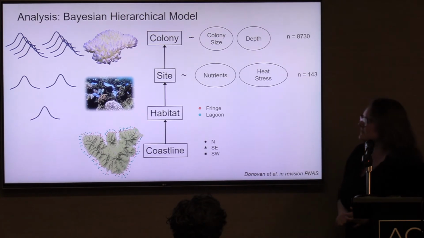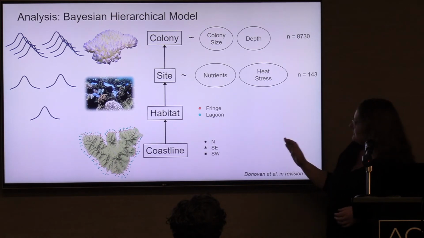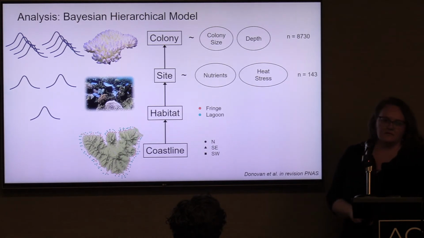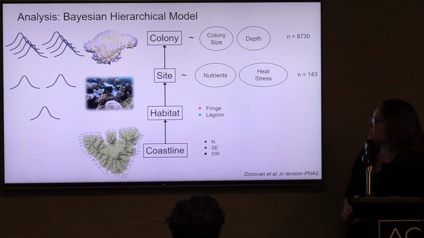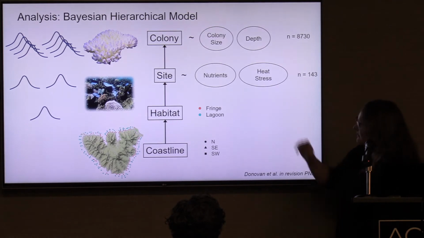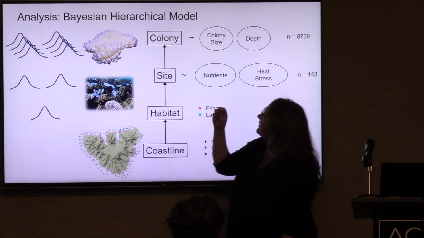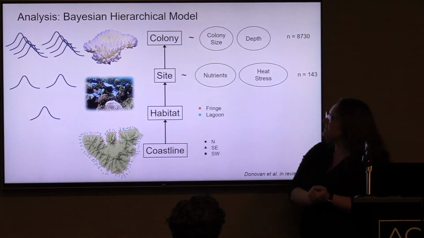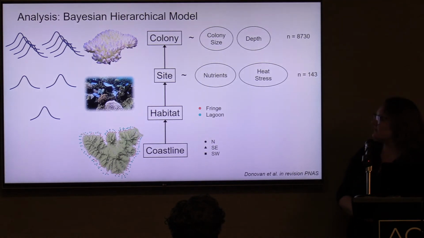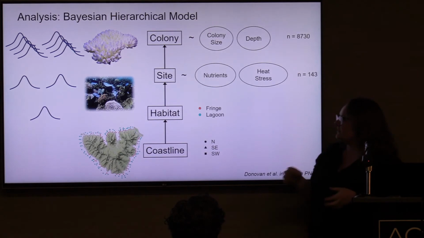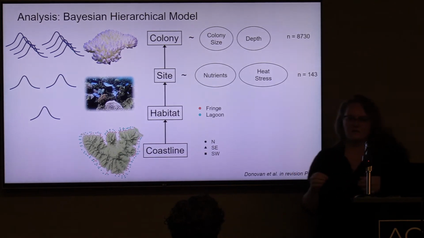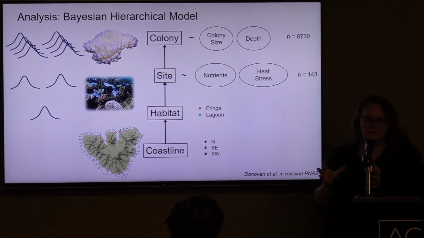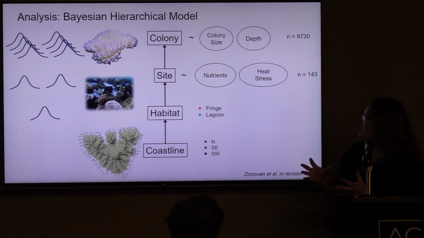The way we were able to do that, I really believe, is because we incorporated scale into the analysis. The data were at the scale of individual colonies, and there were over 8,000 of them. And as I mentioned at the beginning, this bleaching really occurs at the scale of these individuals and their physiology. And so we needed to start there.